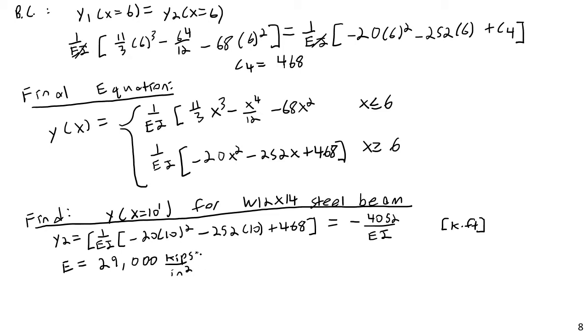To go to kips per foot squared, KSF I suppose, you would have to multiply by the quantity 12 inches over 1 foot, squared, and that will give us 4,176,000 KSF, kips per square foot.